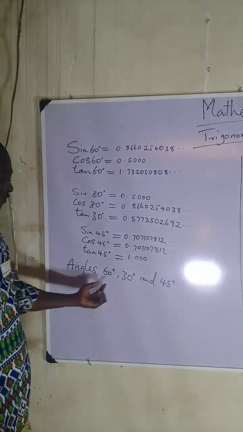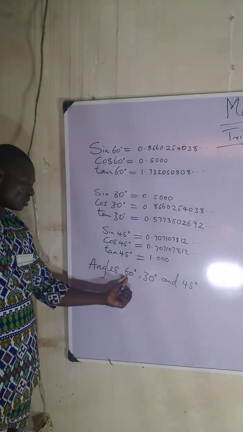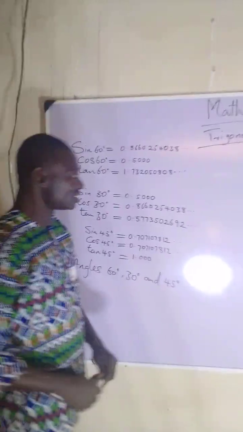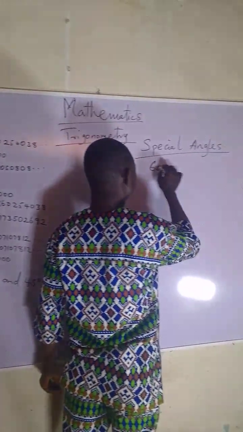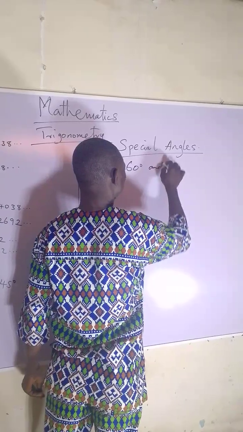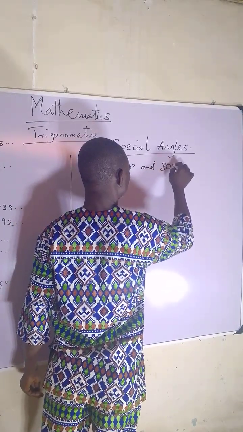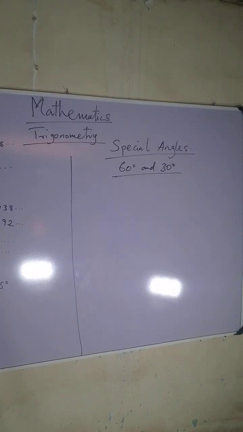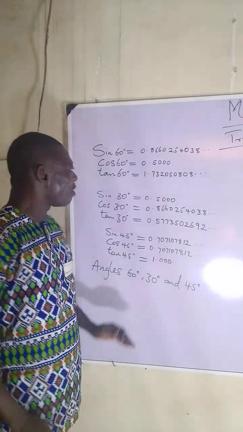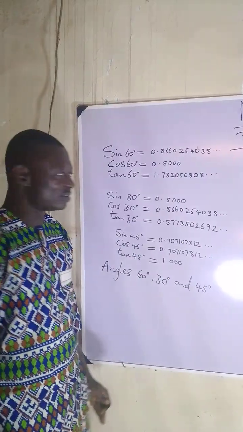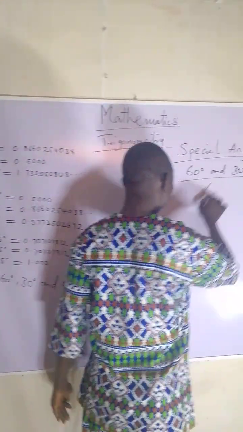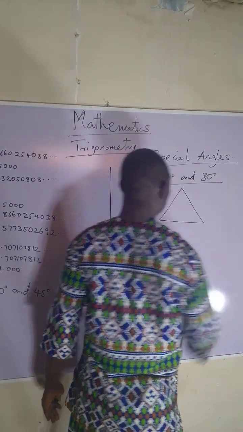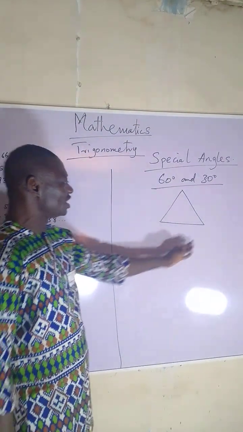Let us consider the first one, 60 degrees and 30 degrees. To get special angles of this, in a short form that will not have an approximated value, we need a diagram with an equilateral triangle, which is going to have 2 units each.